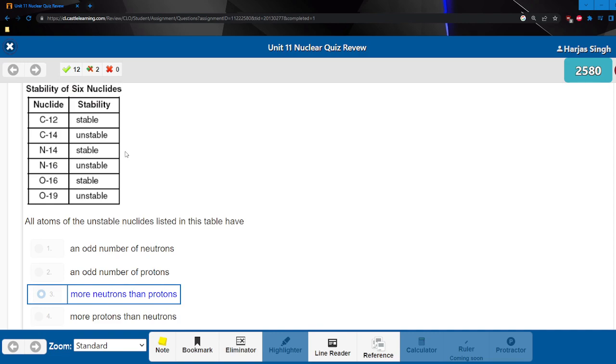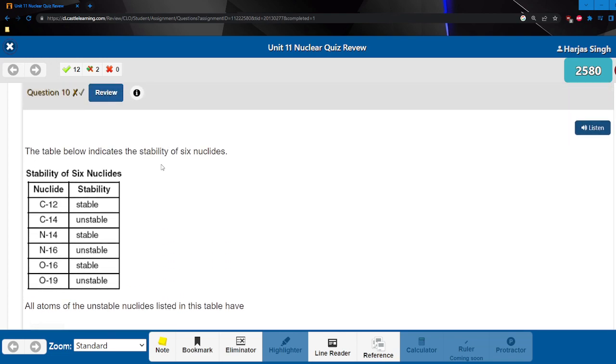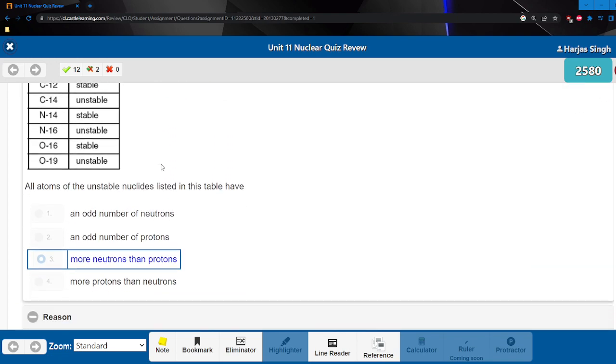And stability, for this one, odd numbers don't really matter. So for my note for myself, I wrote, you want to pay attention to the mass numbers, right? So if you go into your reference table, or for example, what I use is oxygen, right?